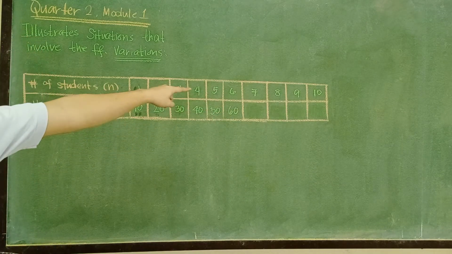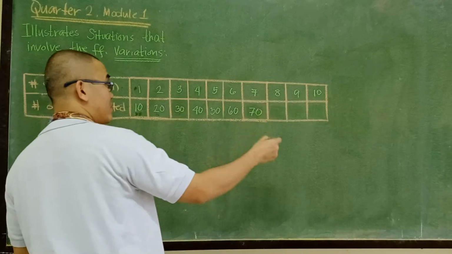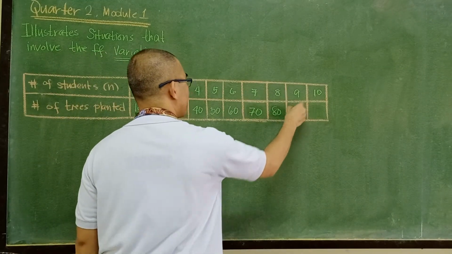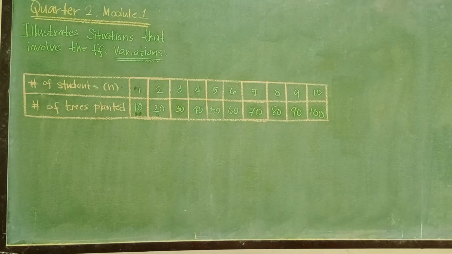So, 7 times 10 is 70. 8 times 10 is 80. 9 times 10, 90. 10 times 10 is 100. So kung titignan ninyo sa may table natin, habang dumadami yung estudyante, dumadami din yung puno na may tatanim.